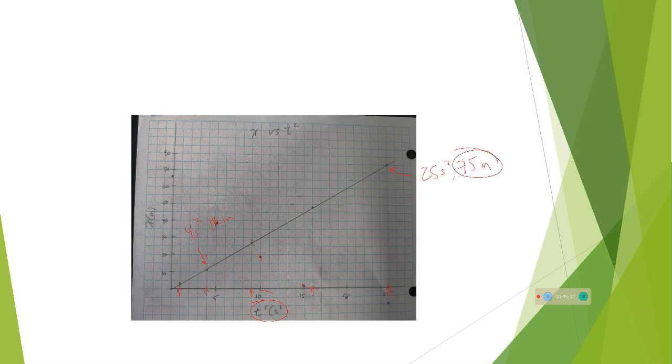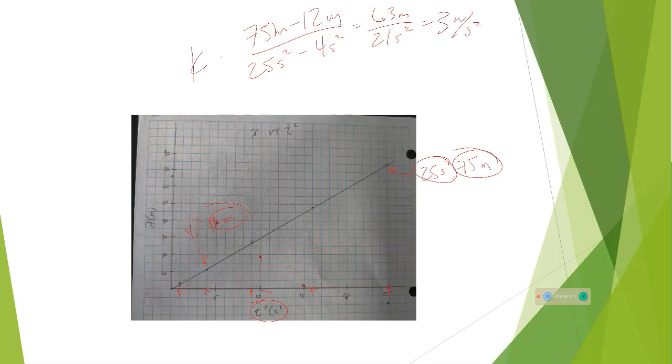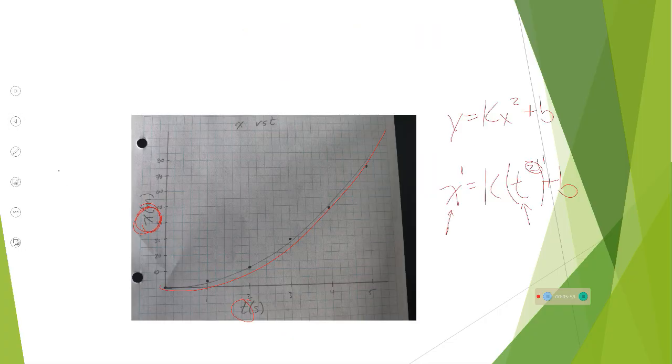Well, I would take my y2 minus y1, do it in whatever order you want, 75 meters minus 12 meters over x2, notice those units are sticking around, minus 4 seconds squared, and I would get 63 meters over 21 seconds squared, or 3 meters per second squared. This is my k. This is the k that goes right here.